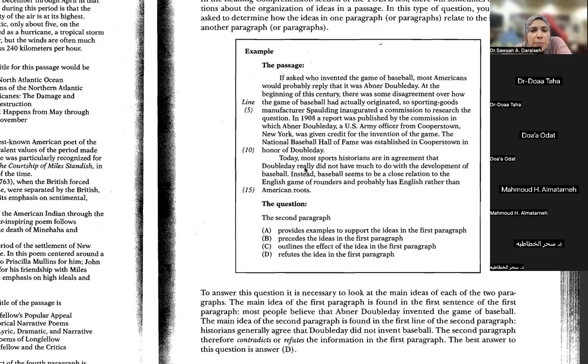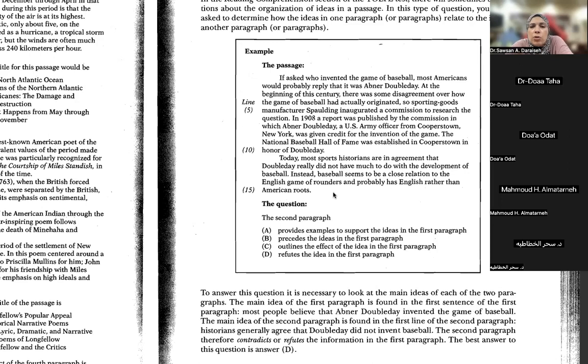Anyway, today, most sports historians, the people that know about sports, are in agreement that Doubleday really did not have much to do with the development of baseball. Maybe he invented it, but not developed it. Instead, baseball seems to be a close relation to the English game of rounders and probably has English rather than American roots.